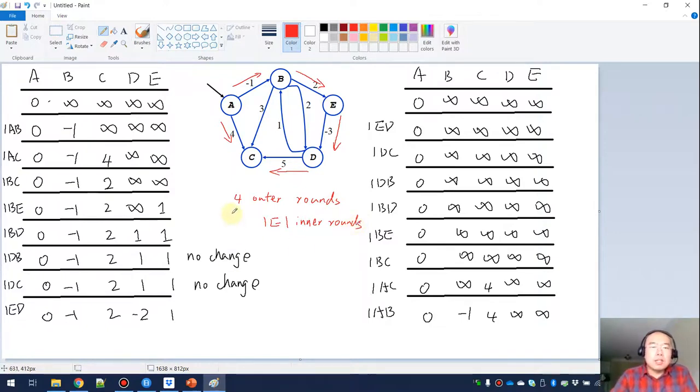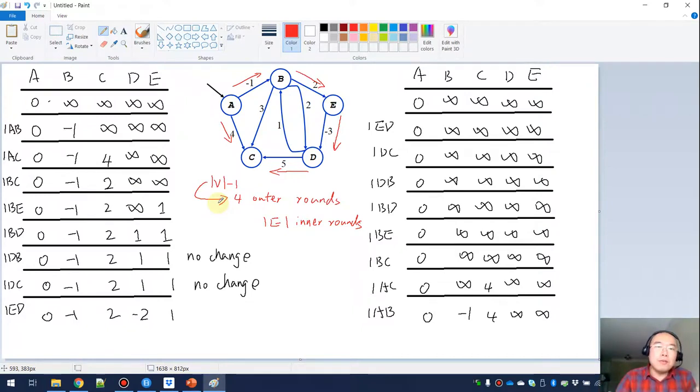Because we are going to do 4 rounds, and this 4 is exactly the V minus 1. This will guarantee that after we flood the information for a total of 4 rounds, and inside each round we visit each of the edges, we are going to spread this message.